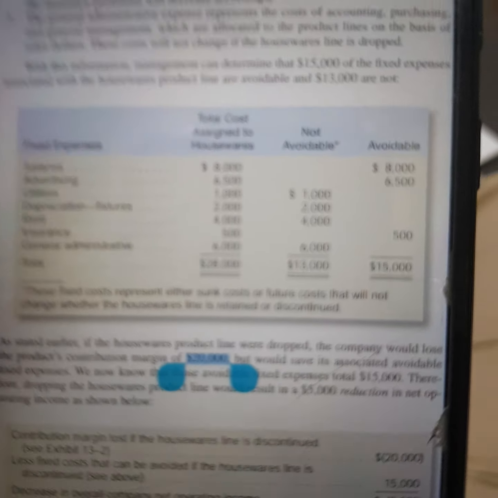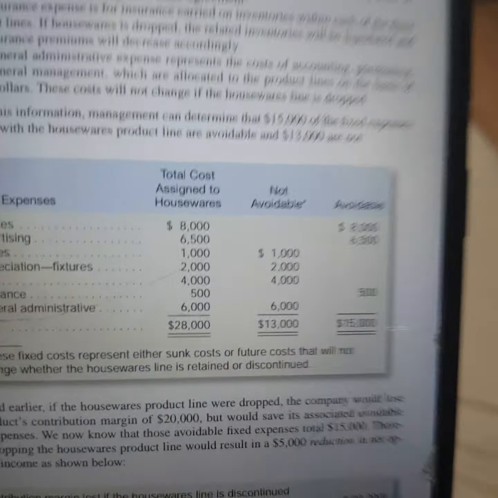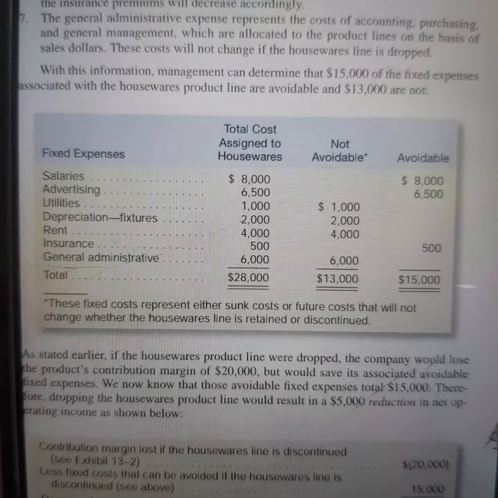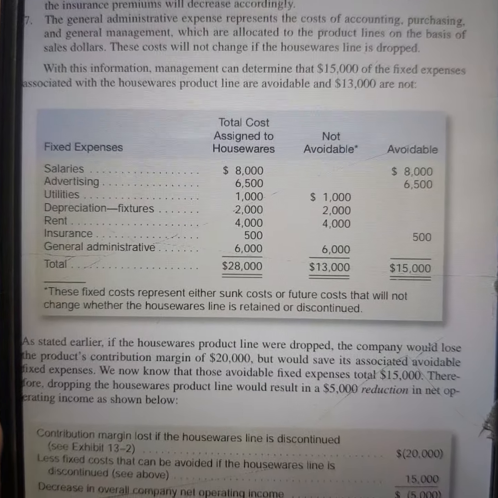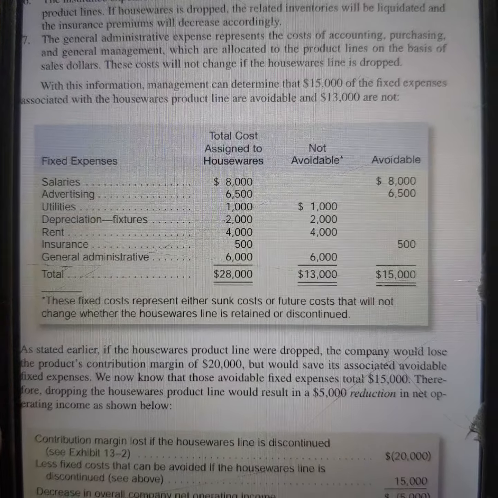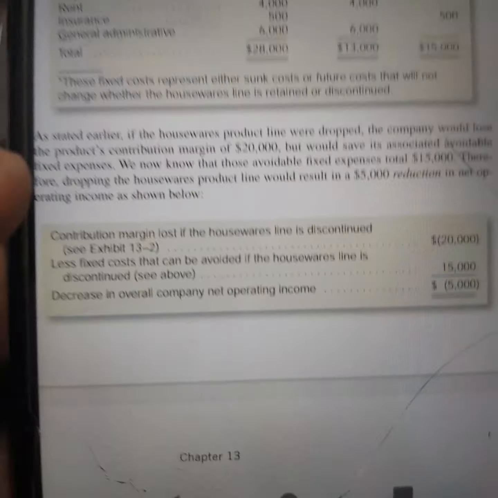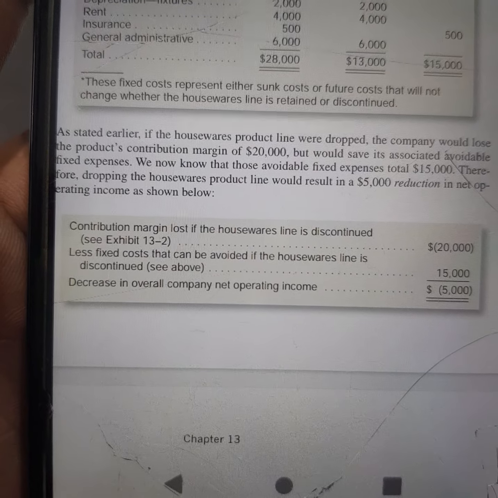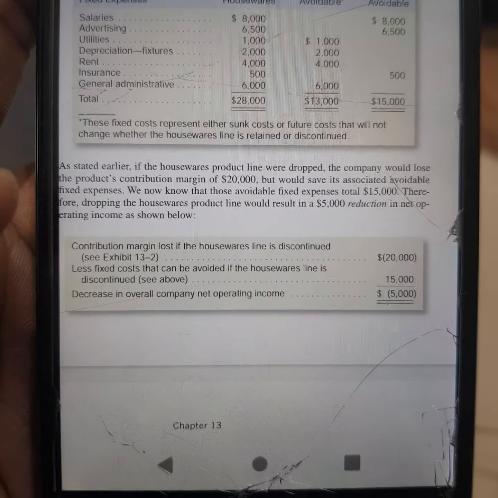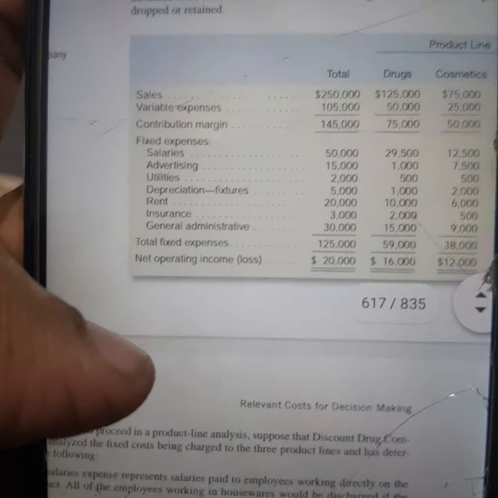So if we sum up these figures, our unavoidable cost total is 13,000 and avoidable cost total is 15,000. Our contribution margin amount was 20,000, as reflected in our income statement.